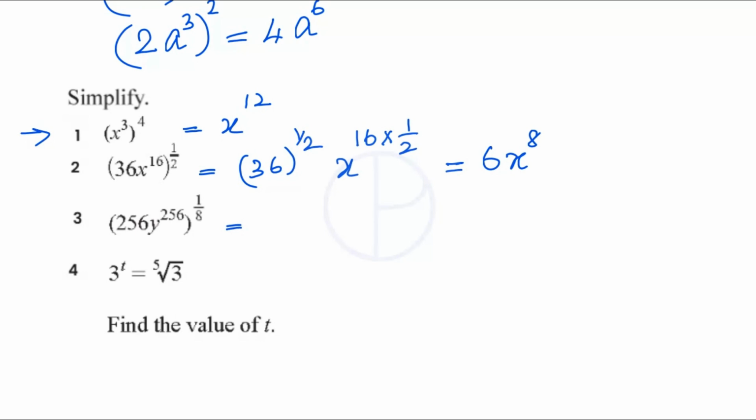And here 256 power 1 over 8 and y power 256 multiplied by 1 over 8. 256 can be written as the power of 2 as 2 power 8.